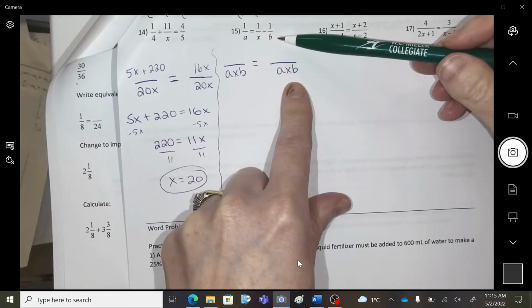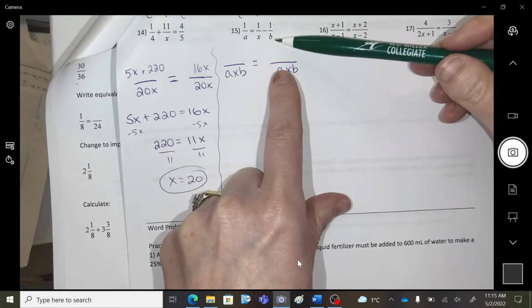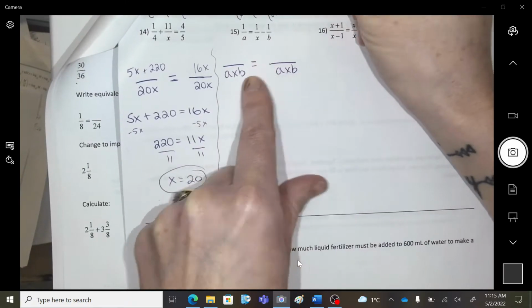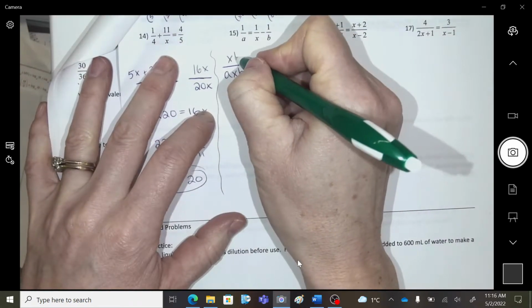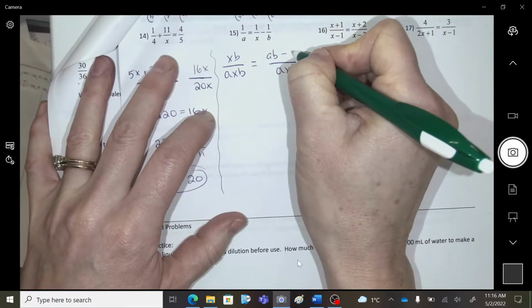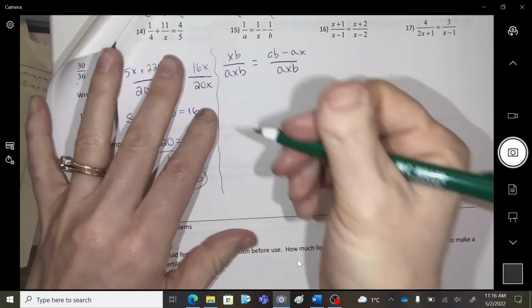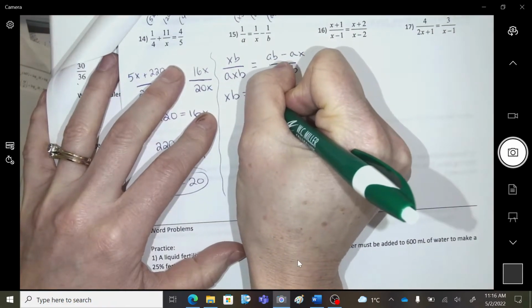The third fraction had a b, therefore I multiplied it by an a and an x. Okay, now we say the bottoms are the same. The tops are going to just have to be the same now.